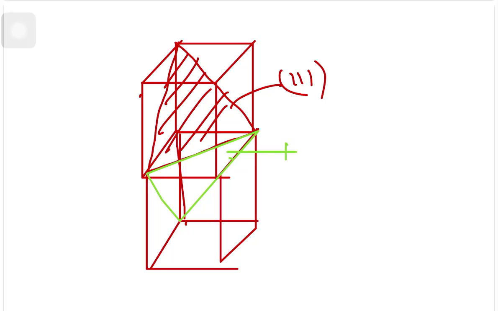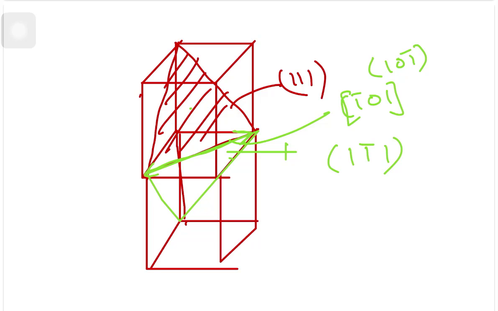So this plane is (1 bar 1 1). Now these two planes are inclined. This is 111, this is 1 bar 1 1. And if it is in this direction, it is [101 bar]. If it is in this direction, it is [1 bar 0 1].